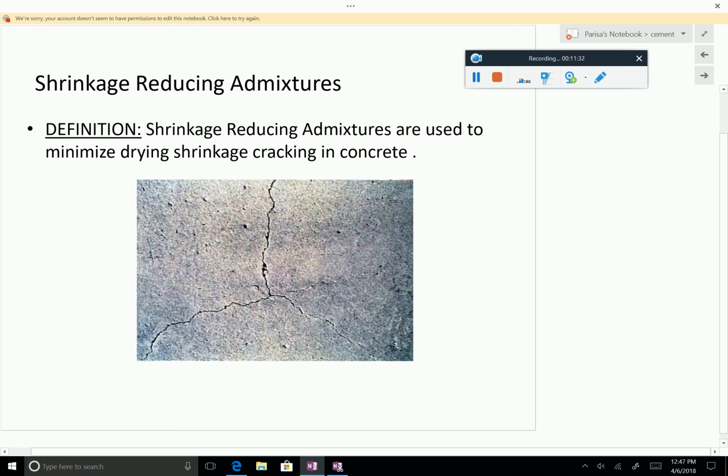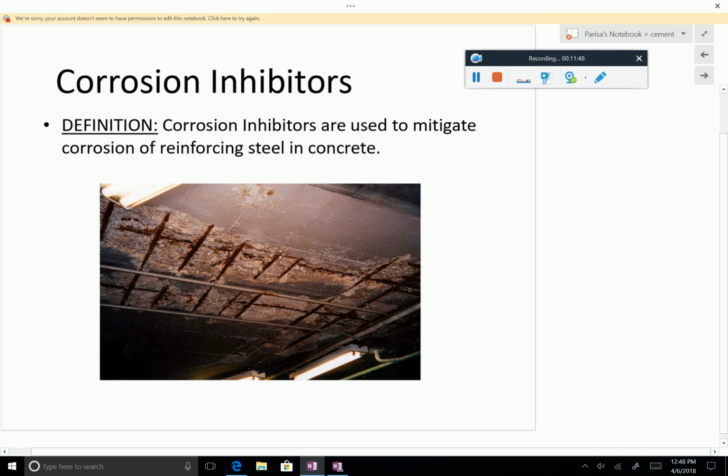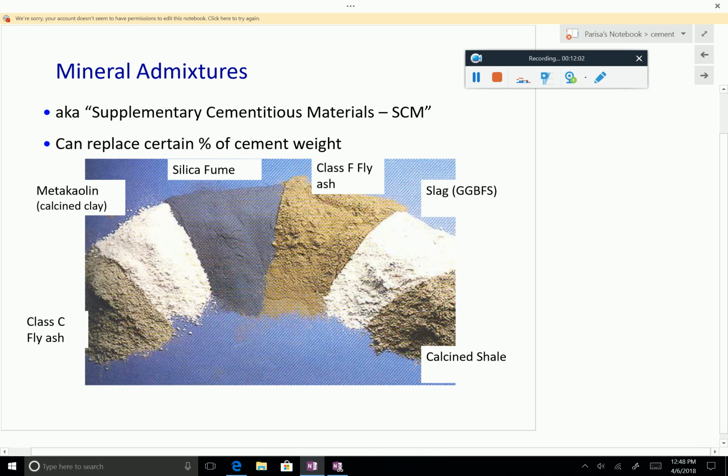For example, you saw that in the beginning you can have shrinkage because of evaporation of water from very, very tiny pores. So you can use admixtures to minimize drying shrinkage in the beginning. In concrete, there are also some admixtures which help corrosion resistance, so they help mitigate corrosion of reinforcing steel in concrete.